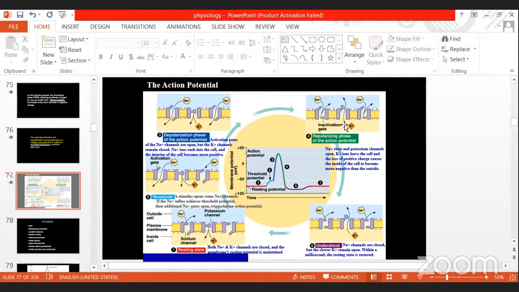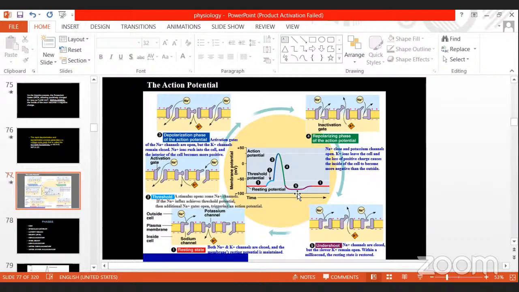And in the repolarization phase, at the peak, there is sudden closure of the sodium channel and slow opening of the potassium channel. The potassium leaves the cell and the cell loses positive charge, causing the inside of the cell to become more negative than outside.